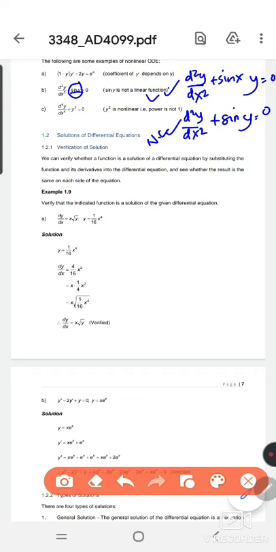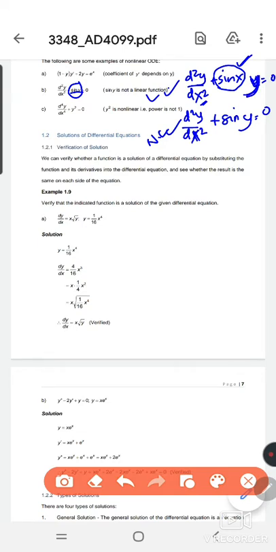Okay, awak tengok y ni adalah dependent variable. Then x bawah ni adalah independent. Dan saya kata function kat depan dia mesti independent kan? So that's why yang ni dia cuma sin x. Sin x, so dia tak ada masalah sebab dia adalah sama dengan x yang bawah ni, dia adalah independent variable. Dan then dia ada lagi function y kat sini.